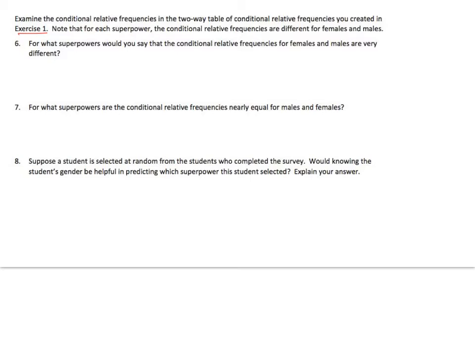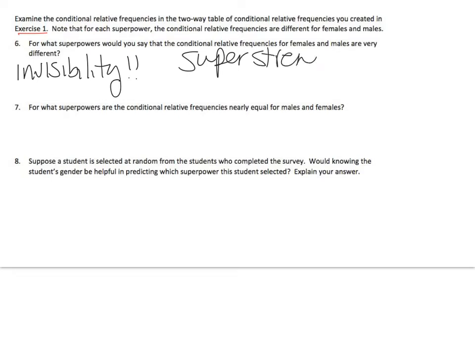Looking back at that table, the most noticeable difference is for invisibility. We've got more for super strength. I'm going to go back and get the values. And then telepathy. The most difference between the males and the females are between invisibility, super strength, and telepathy.